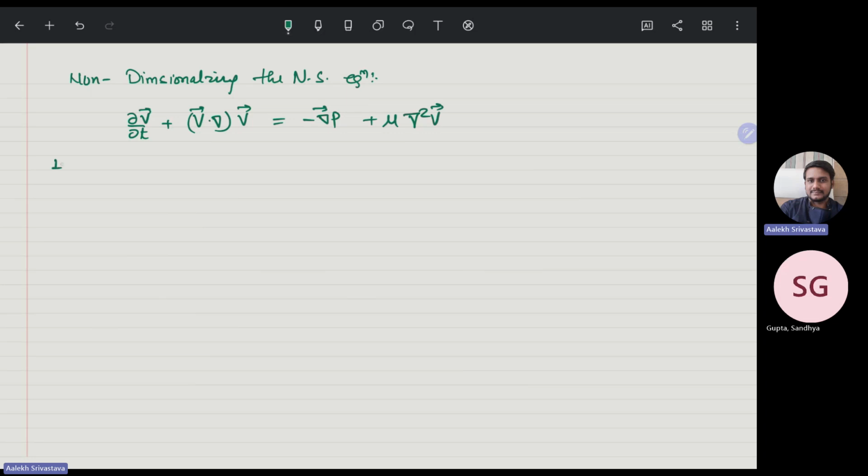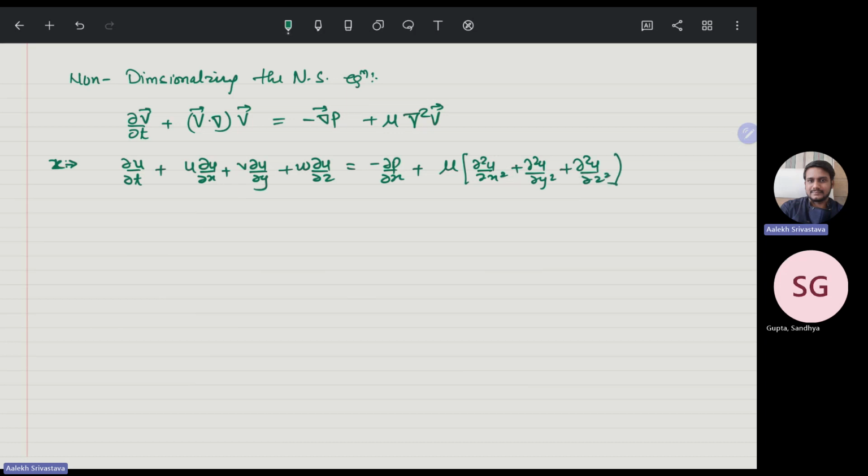First, let us write it in x: del u by del t plus u del u by del x plus v del u by del y plus w del u by del z is equal to minus dp by dx plus mu times del 2u by del x square plus del 2u by del y square plus del 2u by del z square. I am assuming two-dimensional flows, so we will take off the z term so that we can easily show how to do the non-dimensionalization.